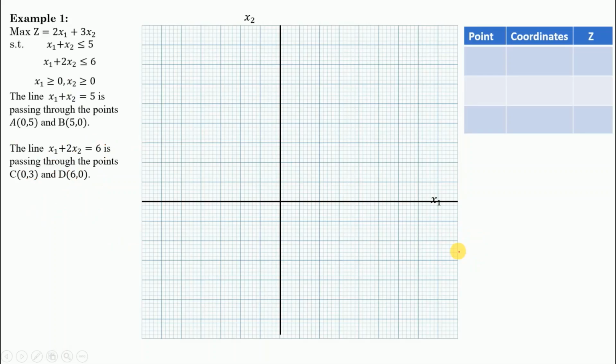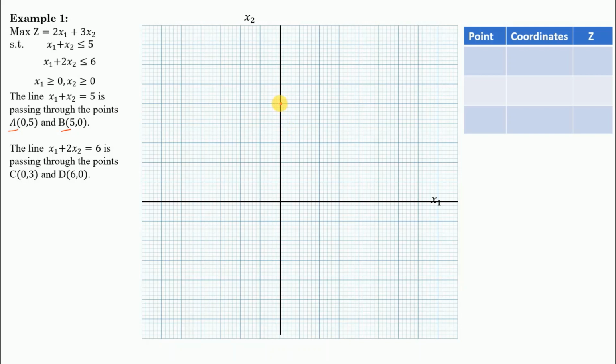Now we can summarize all these things here. So this is the problem. I have written here that the line x1 plus x2 equal to 5 is passing through the points 0, 5 and 5, 0. Say this point is A and this point is B. So 0, 5 means 1, 2, 3, 4, 5. You can use graph paper, or if you are using plain paper, then you have to use a proper scale so that you can draw all these lines properly.